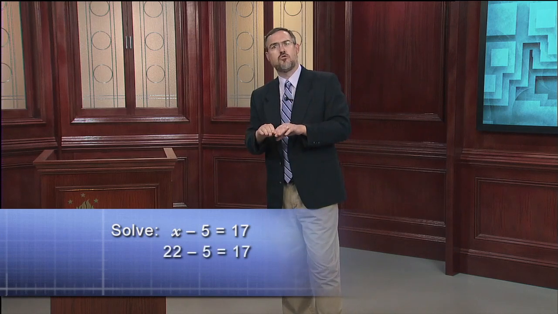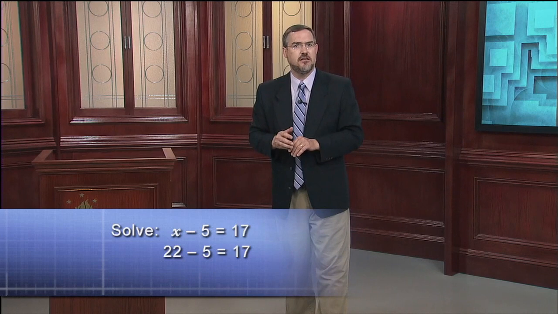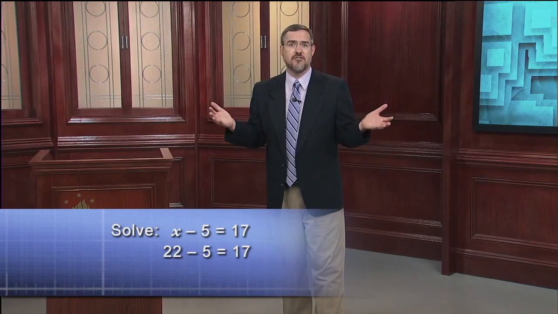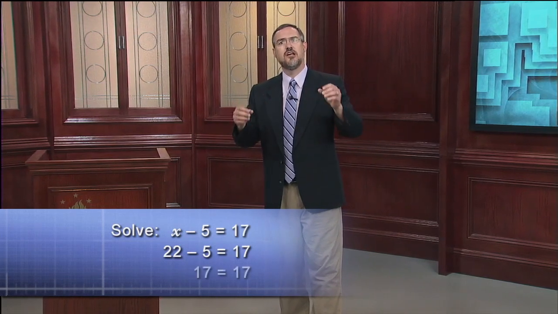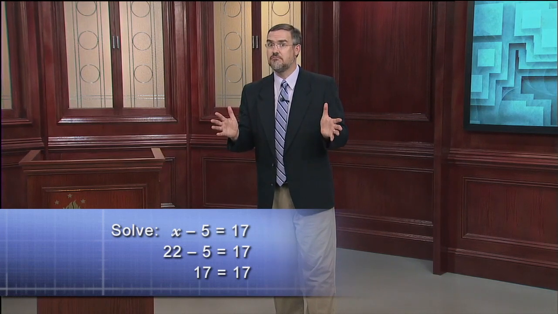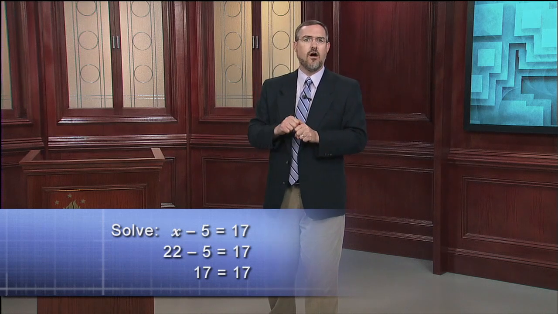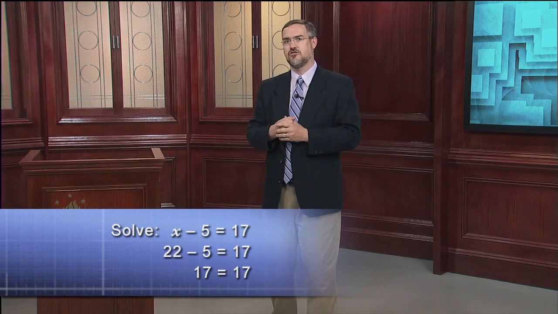We plug in 22 for x. 22 minus 5 equals 17. And 22 minus 5 is 17. So the equation says 17 equals 17. Is that a true statement? Yes. Fabulous. So indeed, x equals 22 was a correct solution for that equation.